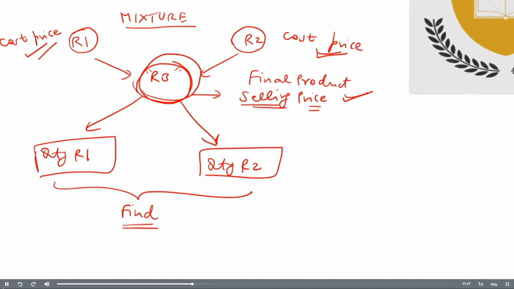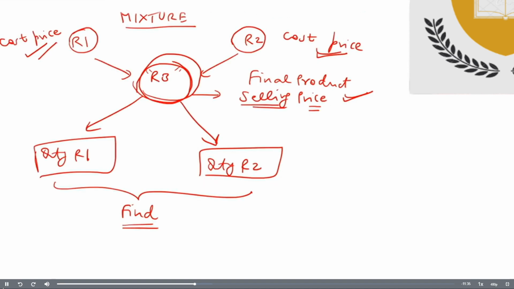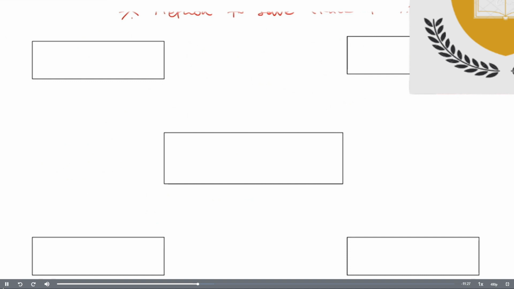Coming to the trick and the shortcut to solve this rule of allegation. I told you that the cost price of the first rice and second rice will be given. Obviously, it will be different in most cases. So when it is different, you have to see which is the cheaper one.